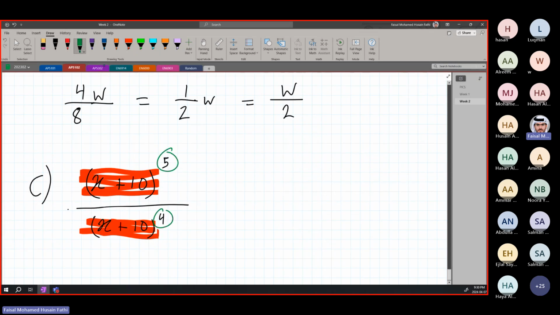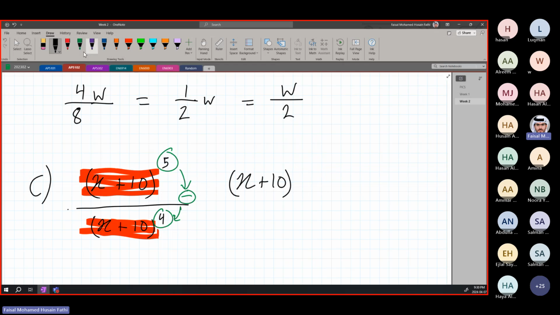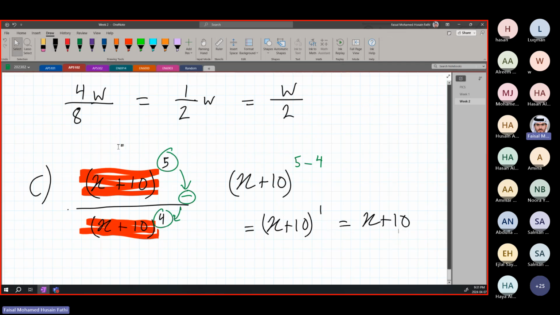So since this is division, same base, it's going to be minus this. So what you will be left with is x plus 10 to the power of 5 minus 4. So it's equal to x plus 10 to the power of 1, which is simply x plus 10. This is part C. Again, it doesn't matter what the base is as long as the bases are similar.